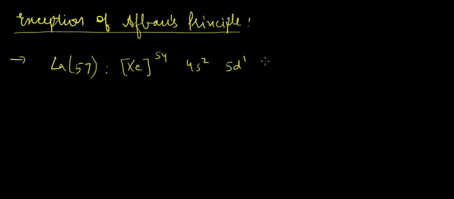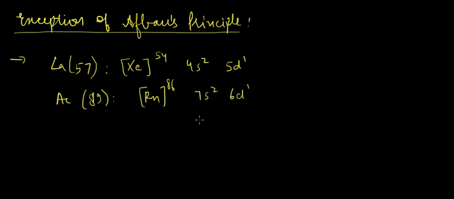So we actually saw different in the previous case, so why is that the case? And similarly for actinium or other actinide 89, it would be again radon 86 and 7s2 6d1. So why is this the case?